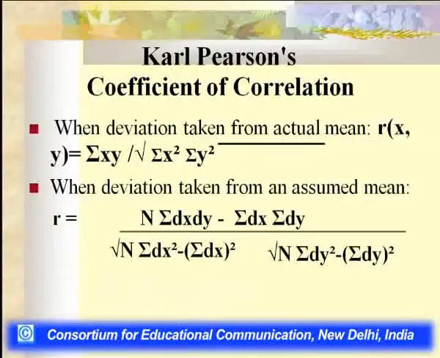This is the formula for Karl Pearson's coefficient of correlation. When the deviations are taken from the actual mean, r is equal to n sigma dx dy minus sigma dx sigma dy, divided by the square root of n sigma dx square minus bracket sigma dx whole square, multiplied by the square root of n sigma dy square minus bracket sigma dy whole square.